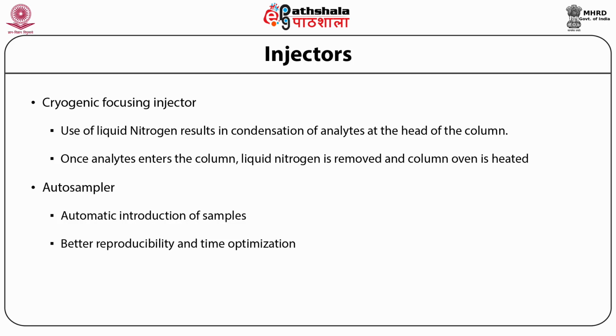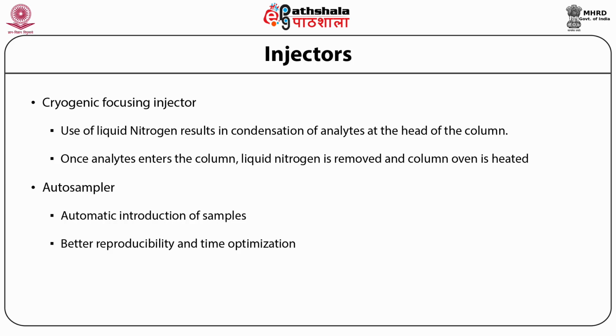For any experiment, its validity stands upon the reproducibility of the results. While handling low volume samples, the chances of error are high due to manual loading or manual injection. To overcome this problem, auto samplers are used in gas chromatographic machines.